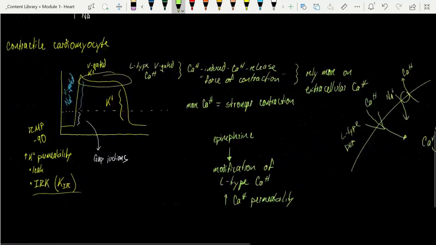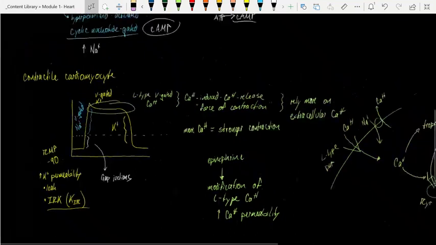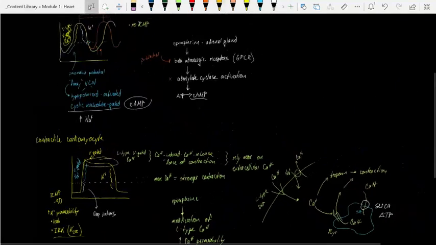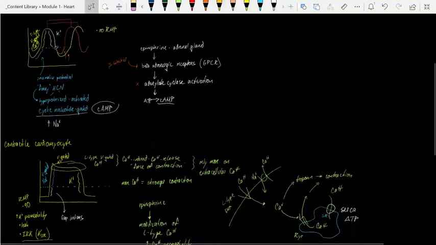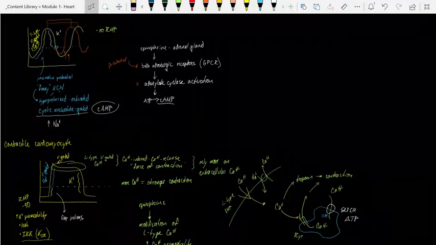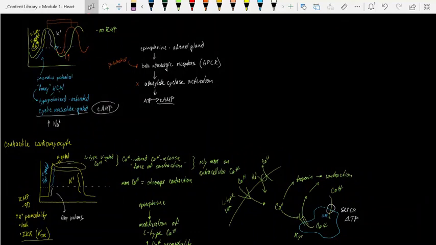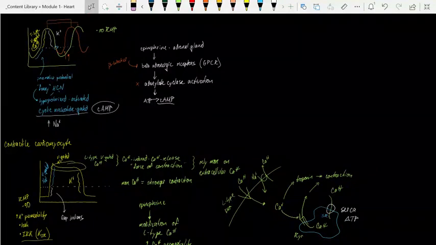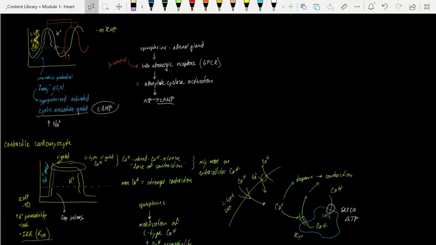So hopefully that gives you a good sense of the different types of action potentials that we see and the different changes. The biggest changes in the pacemaker action potential, the non-contractile cell, the funny channel driving the spontaneous depolarization and how it can be activated, regulated by cyclic nucleotides.